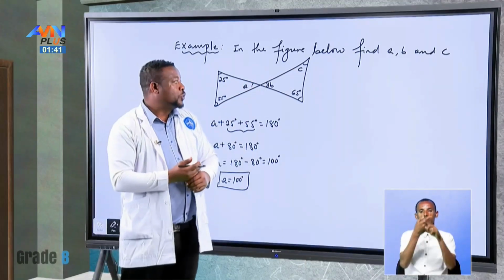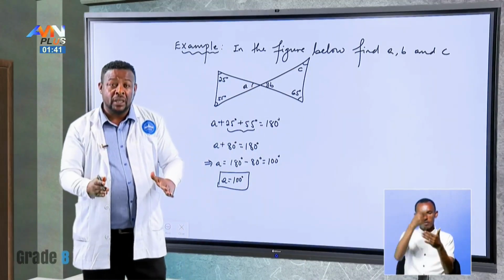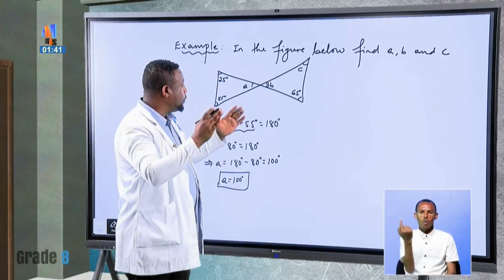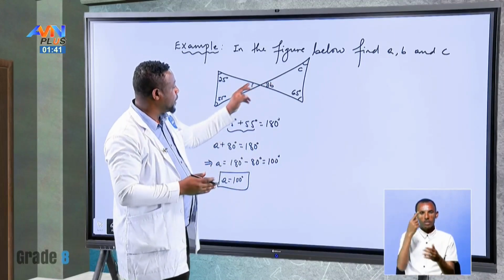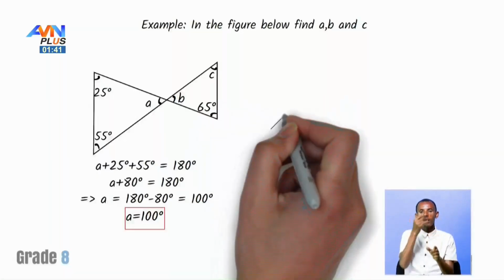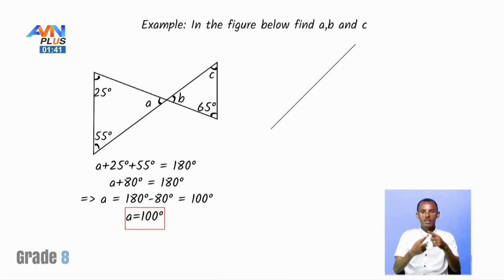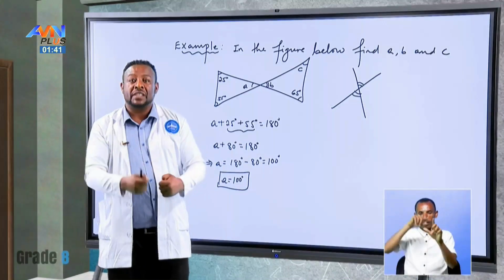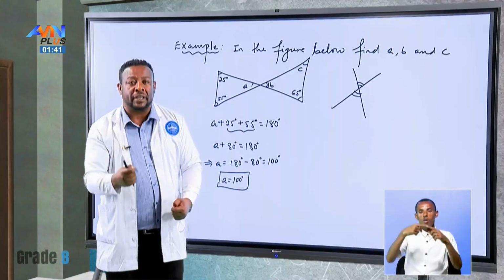Now we can go to the next part. To find the value of B, you need to think of these two angles. If two lines intersect at some point, these two are congruent, and we call them vertically opposite angles. Vertically opposite angles are congruent, right?